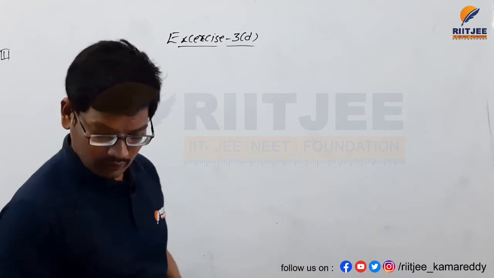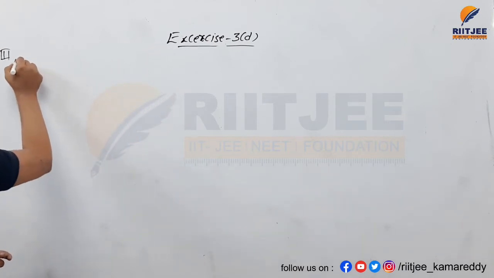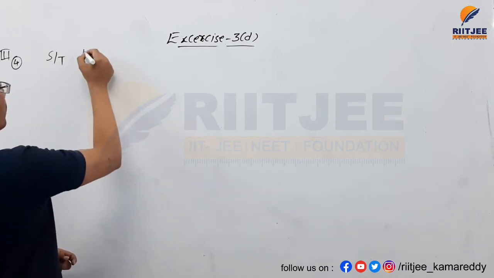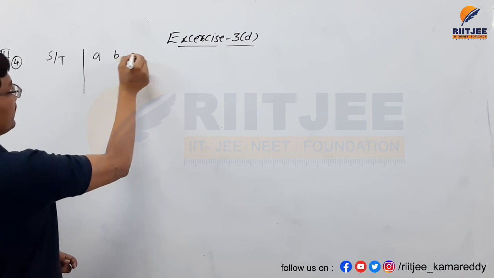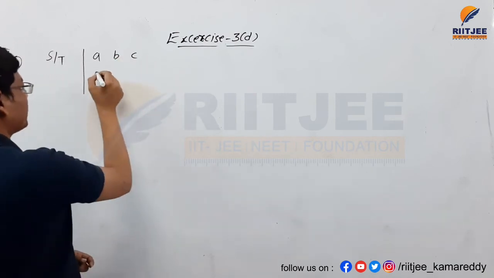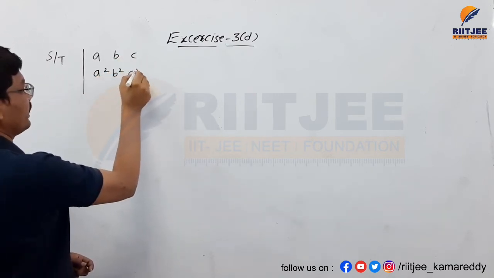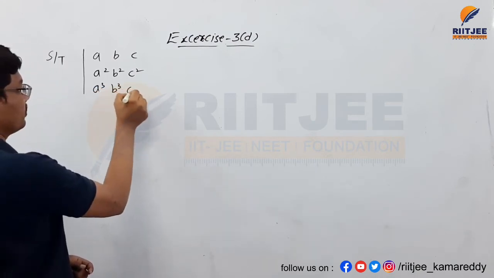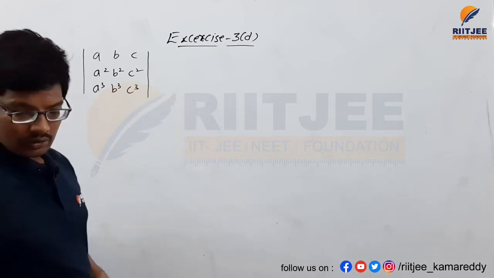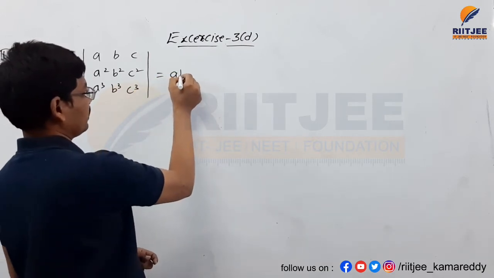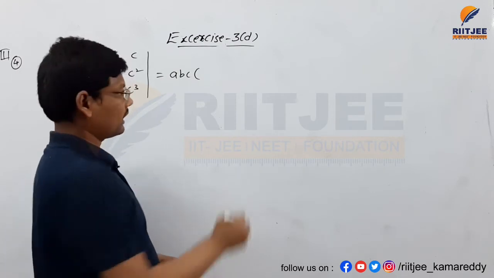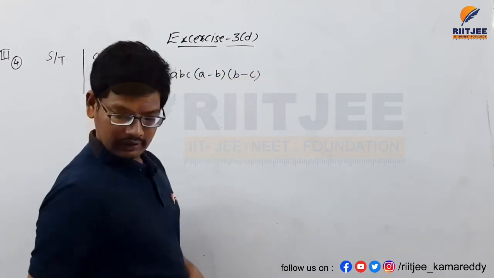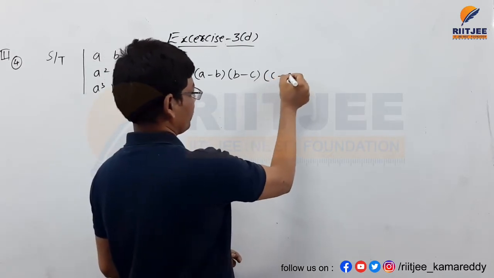And the next question, the fourth question: show that the determinant with rows a, b, c; a square, b square, c square; and a cube, b cube, c cube is equal to abc into (a minus b)(b minus c)(c minus a).